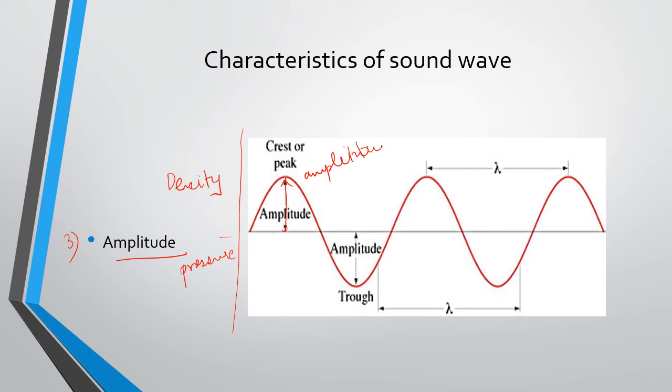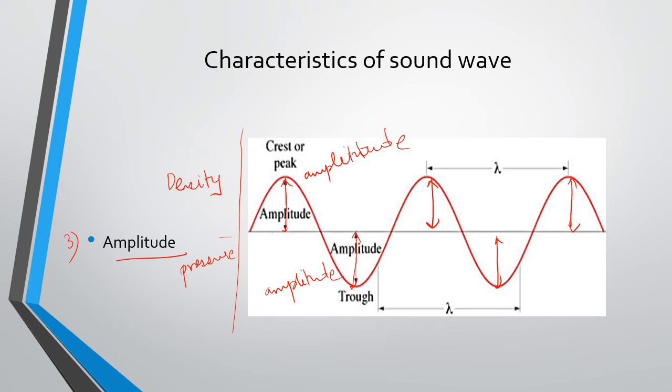If we count the trough, or the pressure, that is the amplitude. Again, in this case, this is the amplitude. Here, this is the amplitude, and here, this is the amplitude.